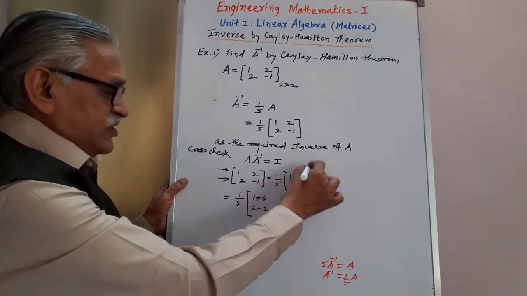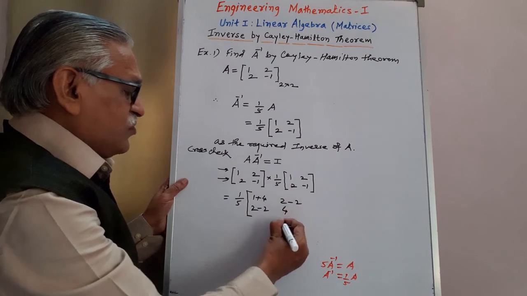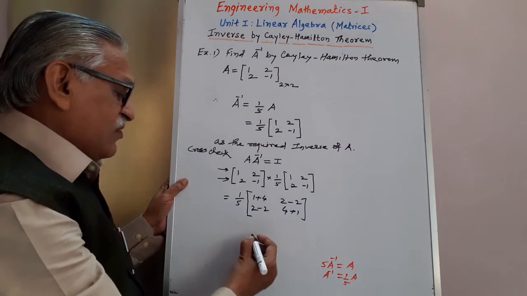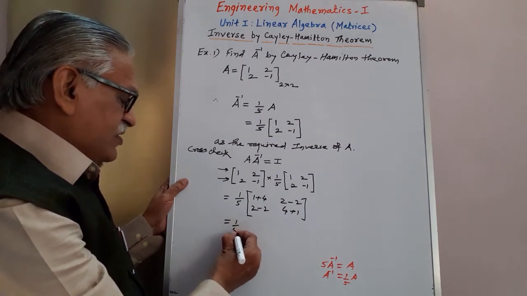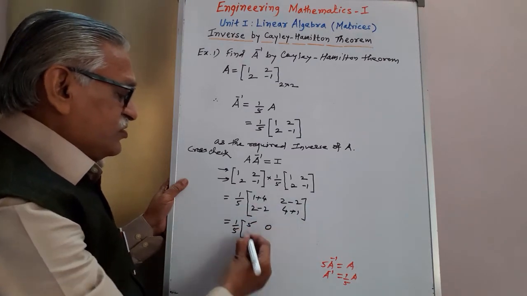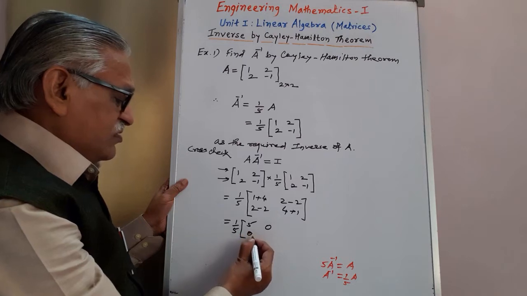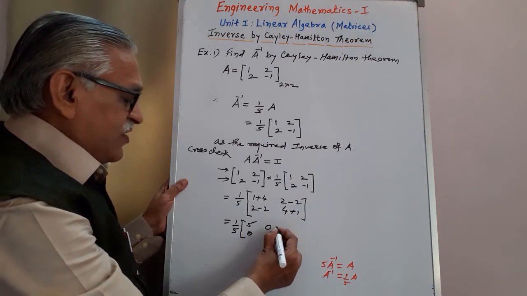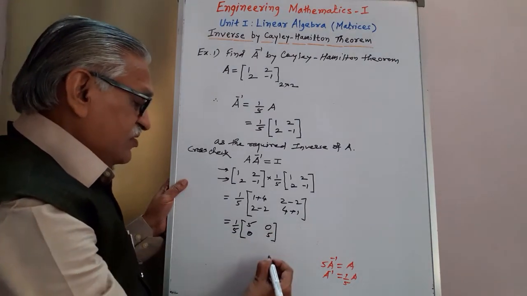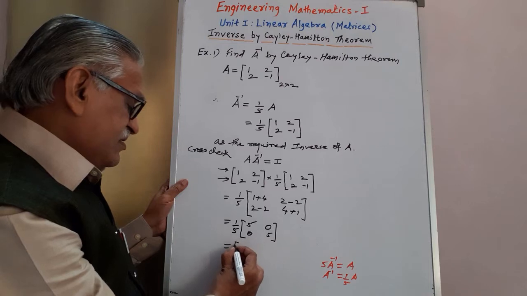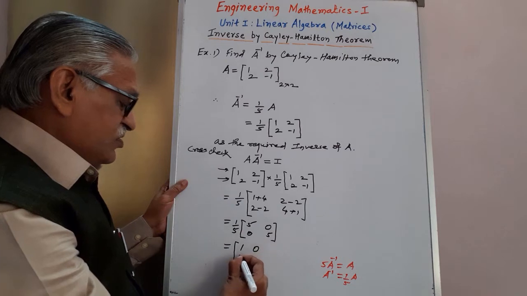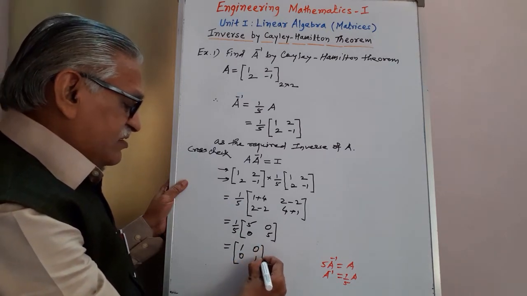Then by the same row and the second column we get 2 into 2 is 4 and plus 1, and therefore it equals 1 by 5 times 5, 2 minus 2 is 0, 2 minus 2 is 0, and 4 plus 1 we get 5, and then multiplying each element by 1 by 5 we have the matrix with elements 1, 0, 0 and 1.